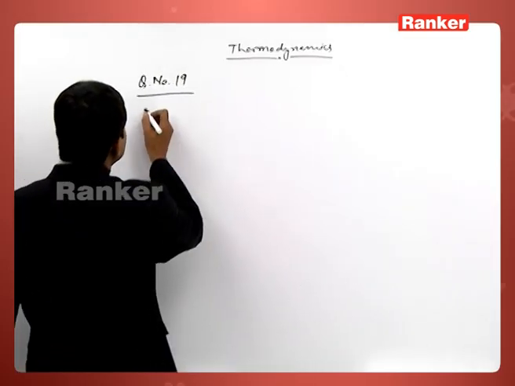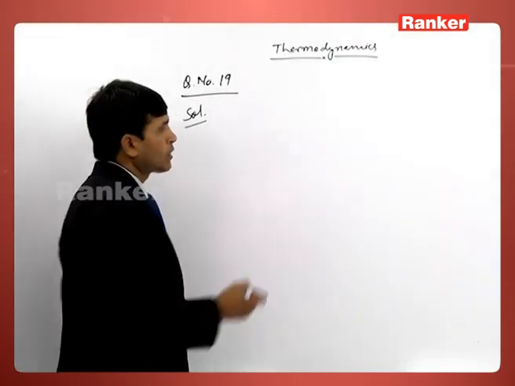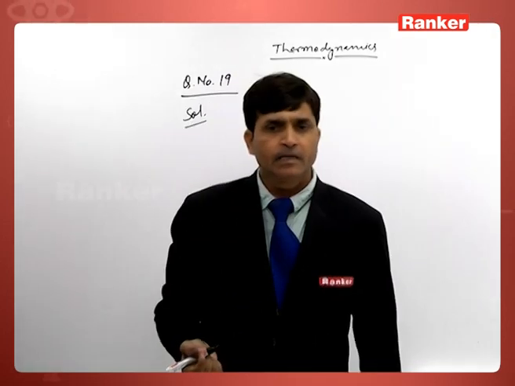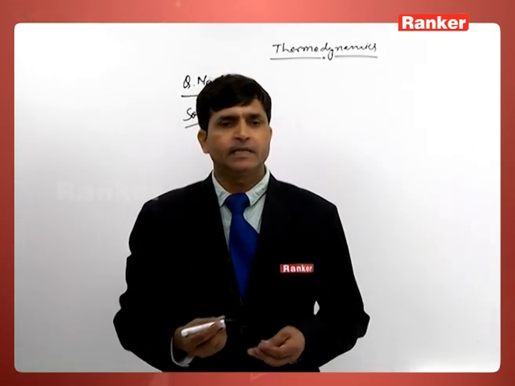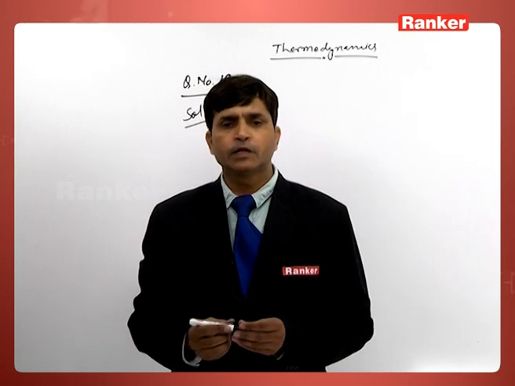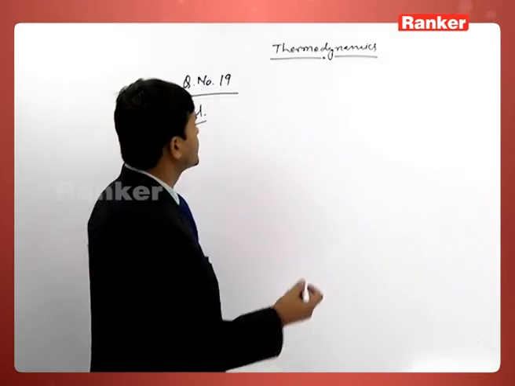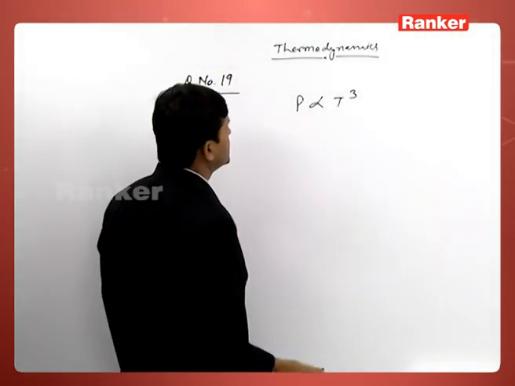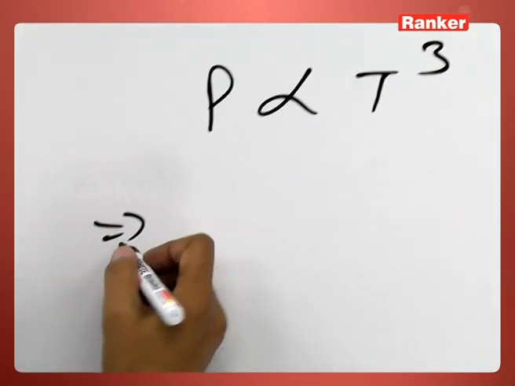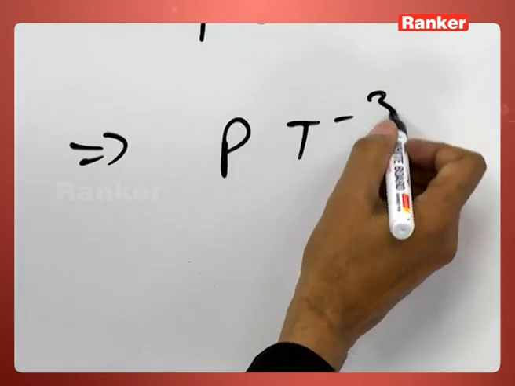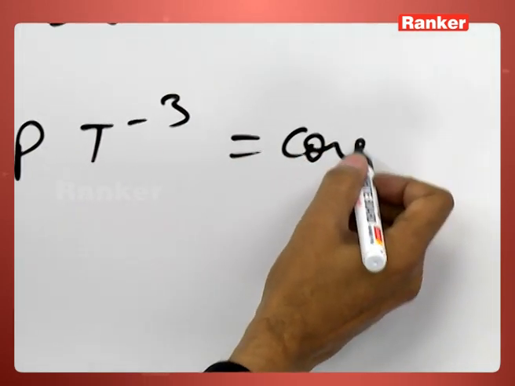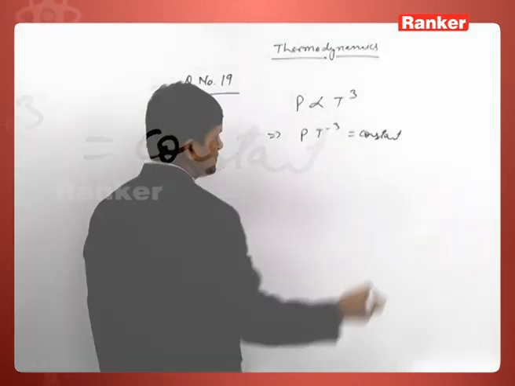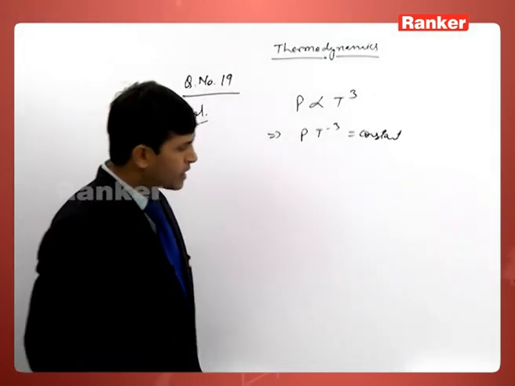As per the given condition, the process is adiabatic, and here the pressure of the gas is proportional to the cube of its absolute temperature. So P is proportional to T cube. We can say P T to the power minus 3 is equal to a constant.